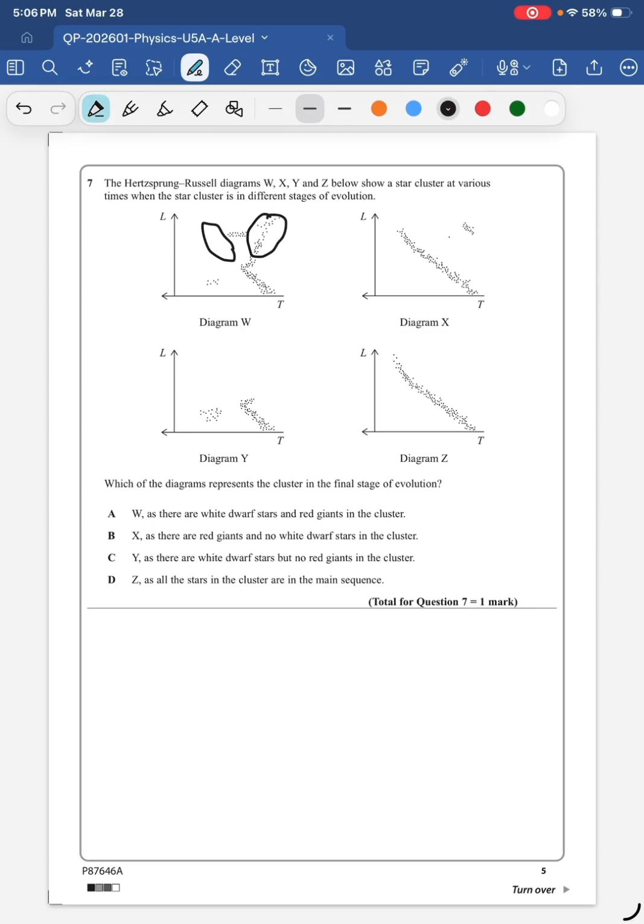Then diagram X, you have many main sequence stars, so that's wrong. But diagram Y is promising because you don't have lots of main sequence stars in this area that I mark with X. The surface temperature is large, meaning that these stars burn their hydrogen really fast.